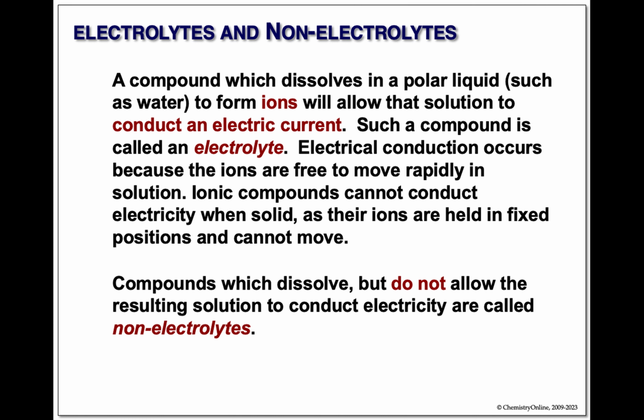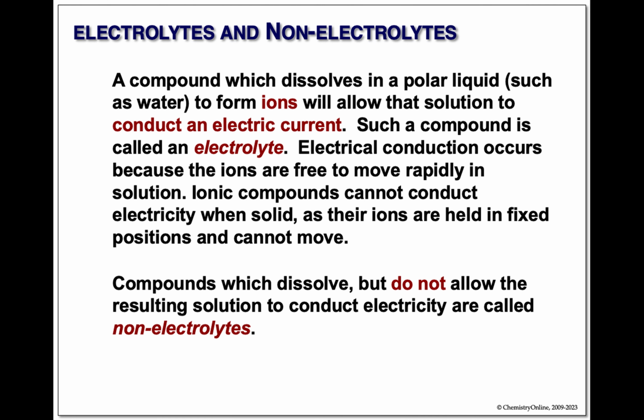One of the standard lab experiments that they do in general chemistry, that we used to do in 110, is to measure conductivity for electrolyte and non-electrolyte solutions. This goes way back.